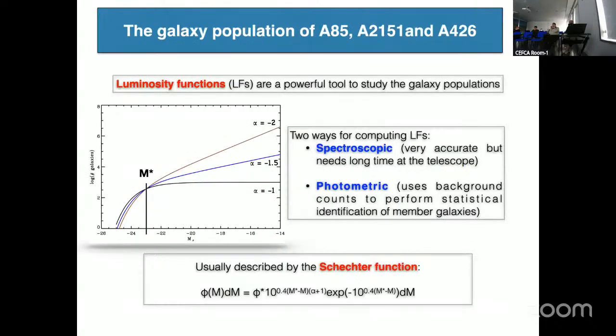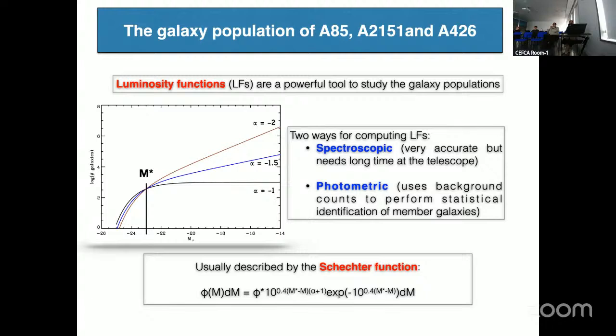So, starting with the luminosity function. The luminosity function is a very simple statistic. Basically, it tells you the number of galaxies that we have per luminosity. But it's a very useful statistic because we can compare the luminosity function in different clusters, or compare the luminosity function of populations of galaxies at different redshifts, and see if they are different, if they evolve. There are 2 main ways to compute the luminosity function: the spectroscopic way and the photometric way.